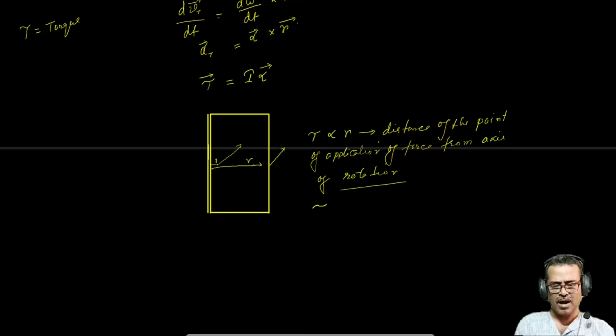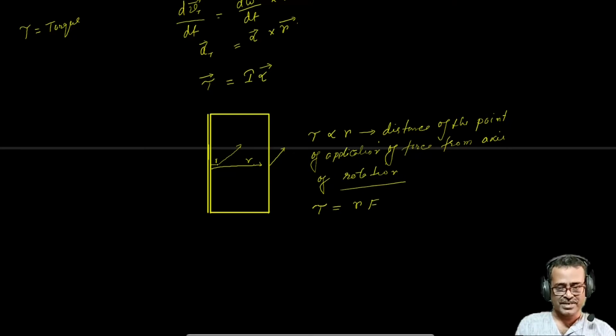So tau, torque, is equal to R into F. If the point of application of the force is closer to the axis, we have to increase the force to get the same effect. So we can say that torque is the product of R and F.